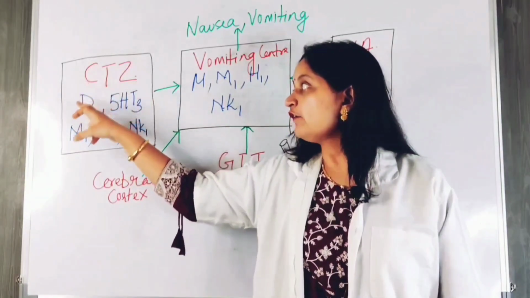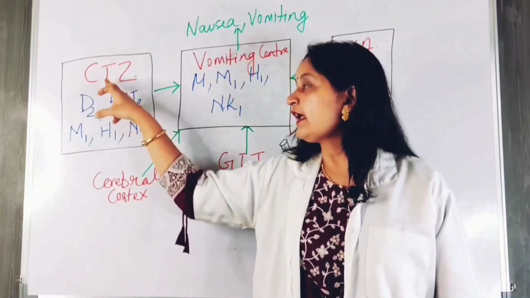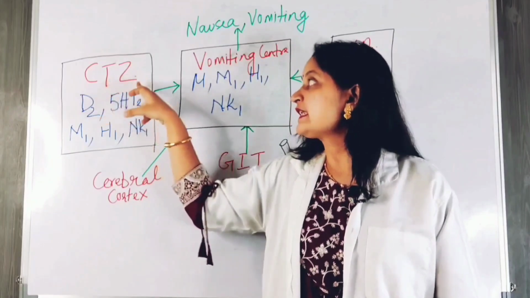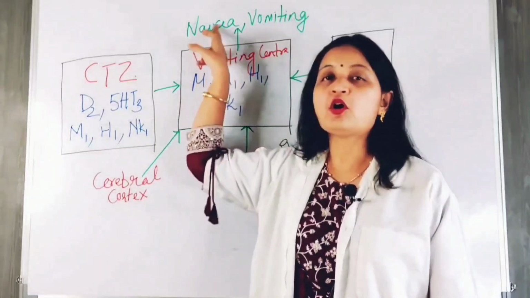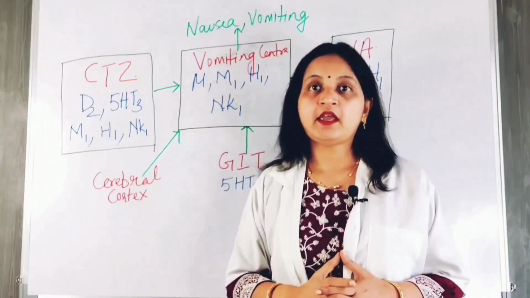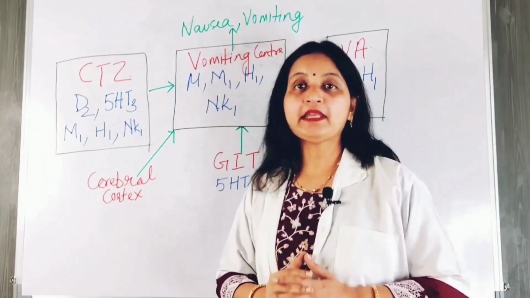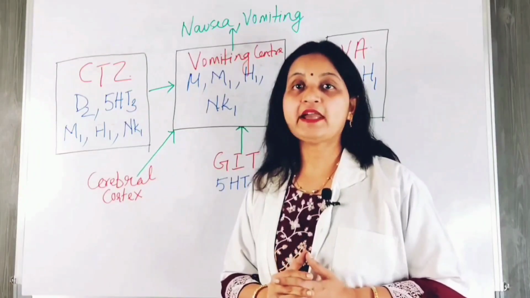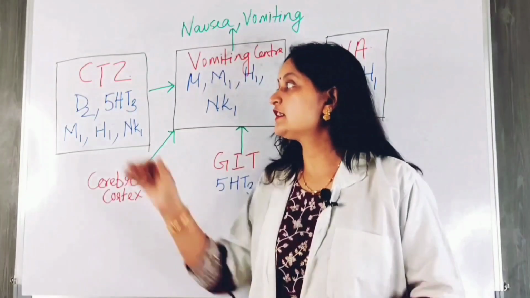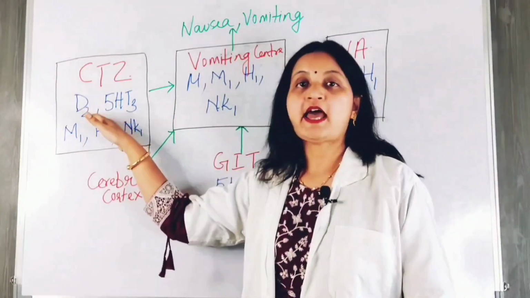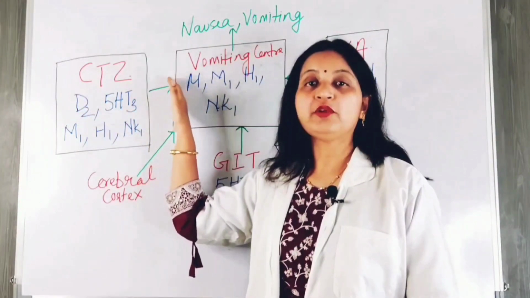So stimulation of these receptors in the chemoreceptor trigger zone sends signals to the vomiting center, which in turn can cause nausea and vomiting.